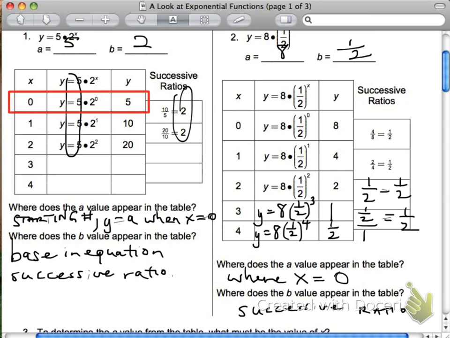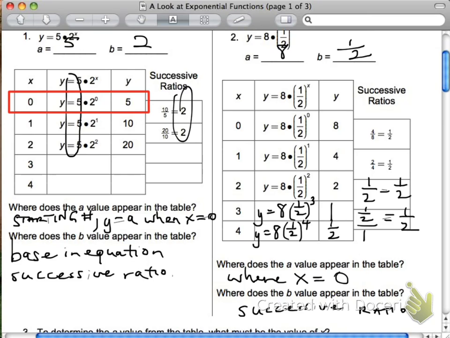No, what I'm saying is, what if I just gave you a table, taking the other part out, and you're taking a test, and I just gave you a table that said 0, 8, 1, 4, 2, 2. Well, I would know that the A value is 8 because x equals 0, and then I would find B by using the successive ratio. Yes, so we're going to do more of that in just a second.